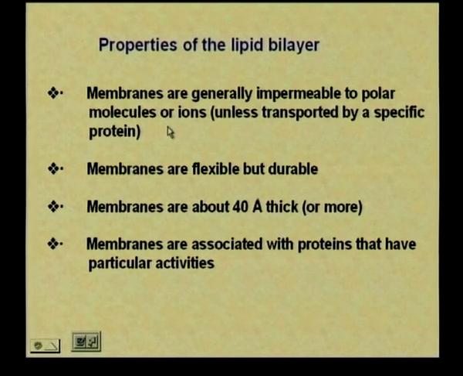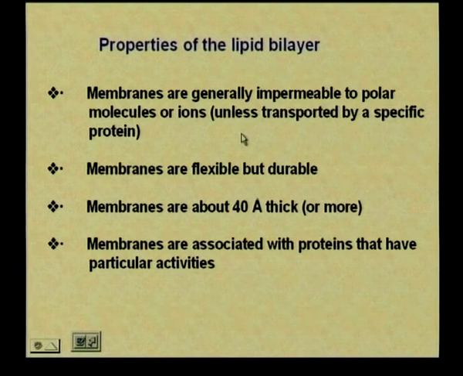Now, you understand why that is so, because you have the polar head groups on the surface only, and if we have to have a transportation from the inside of the cell to the outside or from the outside of the cell to the inside, then it is not possible because of the hydrophobic chains that are present in traversing the whole membrane. So, normally the membranes are impermeable to the polar molecules or ions unless we have some specific proteins that facilitate the transfer.